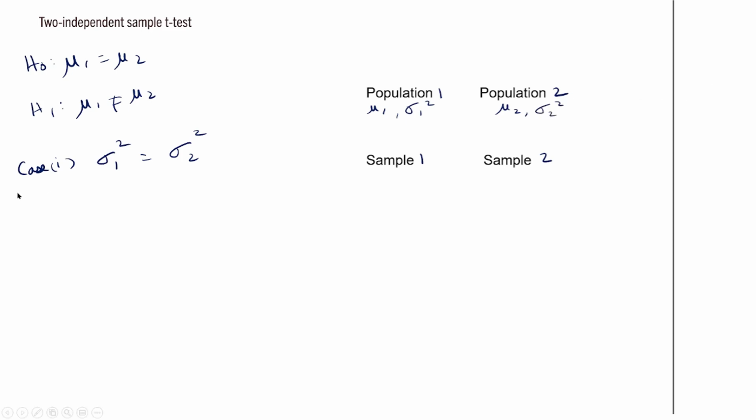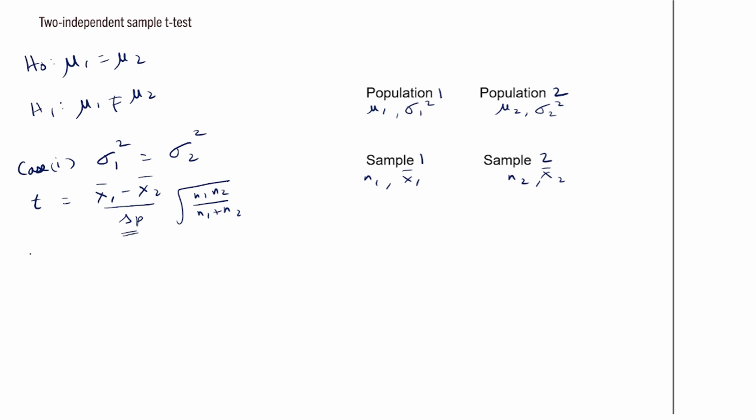If this is the case, then the test statistic used is T equal to x1 bar minus x2 bar upon SP into root of n1 n2 upon n1 plus n2, where n1 and n2 are the sample sizes and x1 bar and x2 bar are the sample means of the two samples.